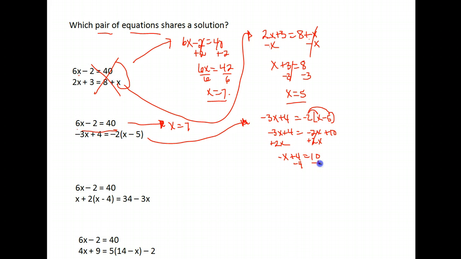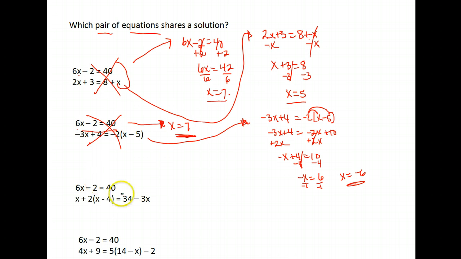I would subtract 4 on both sides, and I'm left with negative x equals 6. Okay, and divide both sides by negative 1 to get rid of that negative, and I find that x is negative 6. Well, my first equation had a solution of 7. This equation has a solution of negative 6. They are not the same, so this is also not my answer. They do not share a solution.